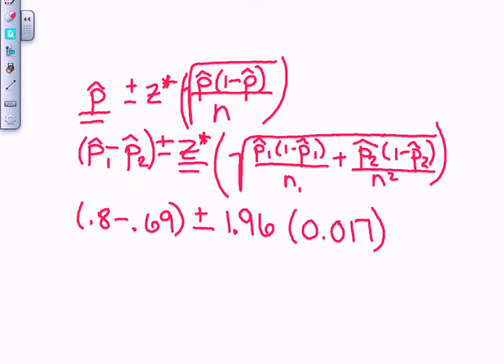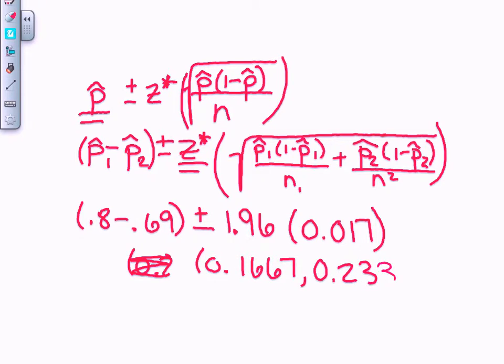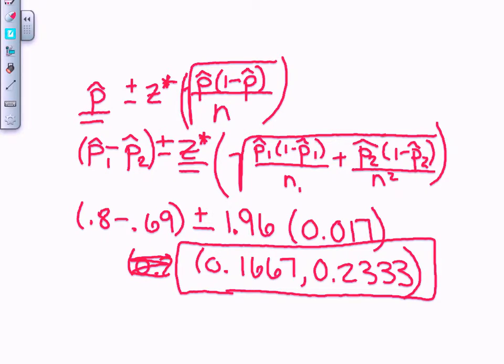So this gets me down to 0.1667 to 0.2333 for my 95% confidence interval. In interpreting this, we would say we are 95% confident that the interval between 0.1667 and 0.2333 captures the true difference between the proportions of teens and adults who use social media sites. And that's it for video 2.